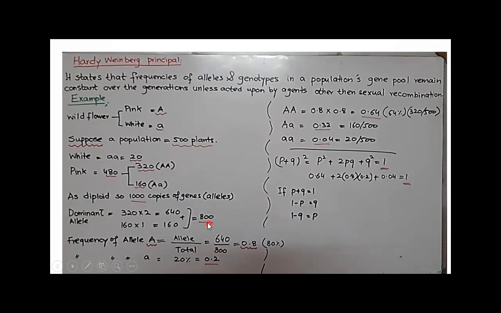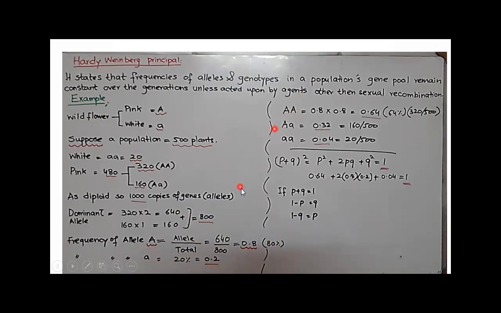Total means heterozygous and homozygous, that is 800. It is actually 0.8 or 80%. Then the frequency of allele small a was 20%, and that is 0.2 because that is homozygous recessive.